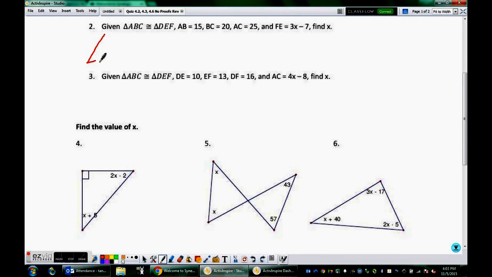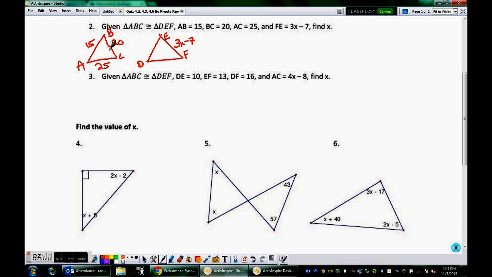For number 3, I've got triangle ABC. So I'm going to go ahead and draw these out. You'll notice these are a lot like your notes in 4.1. And I've got triangle DEF. So we said AB is 15, BC is 20, and AC is 25. And then FE is 3x minus 7.